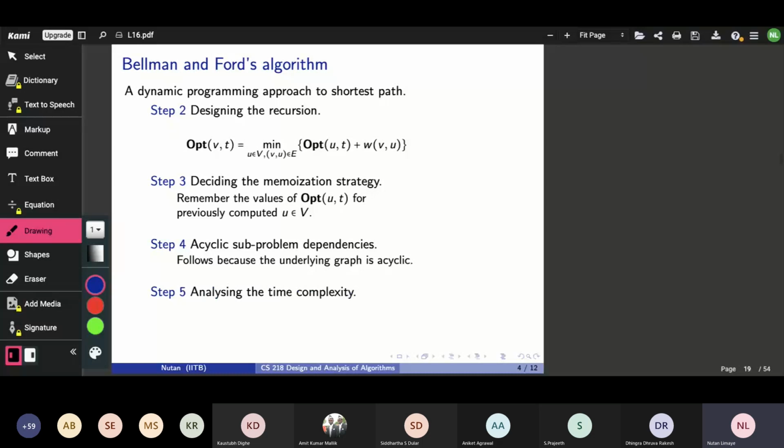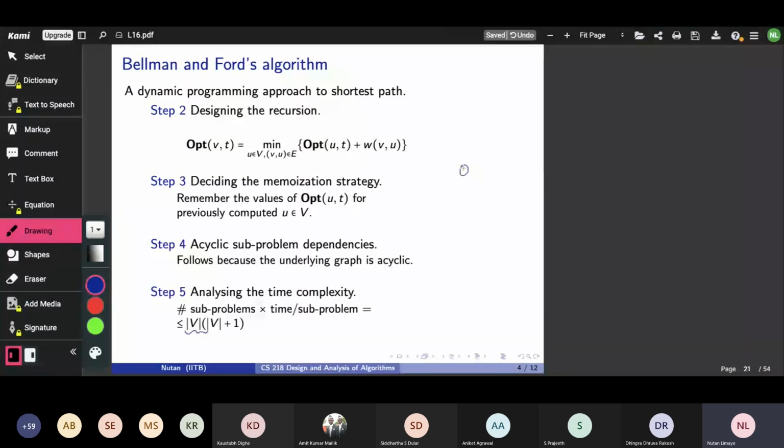Finally, the time complexity. How long will the algorithm, Bellman Ford algorithm, take in order to compute the optimal? So now the time complexity is the number of subproblems that I'm going to come up with and the time I need per subproblem. Okay. So I claim that the total number of subproblems is cardinality V. Why?